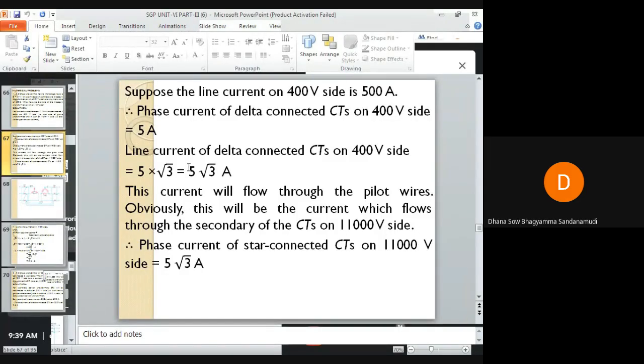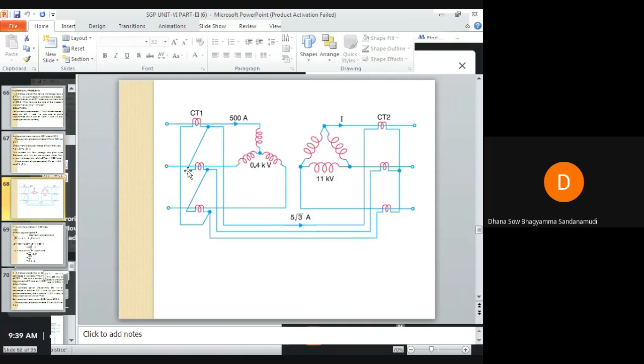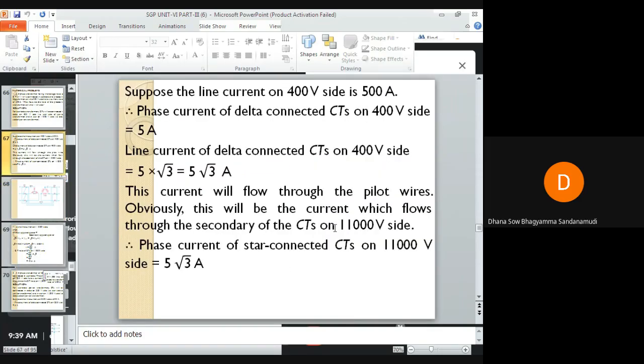Whatever current is there in the secondaries of the CTs which are connected to the primary side, the same current will flow through the secondaries of the CTs which are connected to the secondary side. So the phase current of the star connected CTs on the 11 kV side is 5 root 3 amperes.